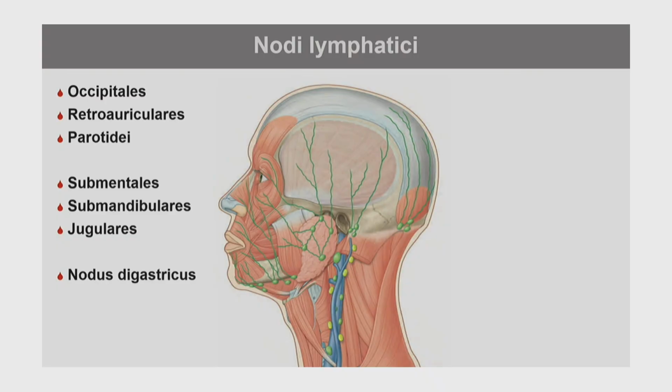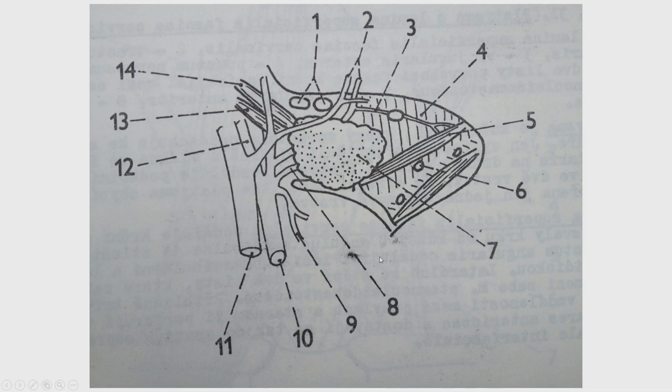I mentioned the submental and submandibular nodes, so here is the schema of how it is. This is the anterior belly of the digastric muscle, a suprahyoid muscle, here is the body of the hyoid bone, and here is the chin region of the mandible. So this part is the submental triangle.